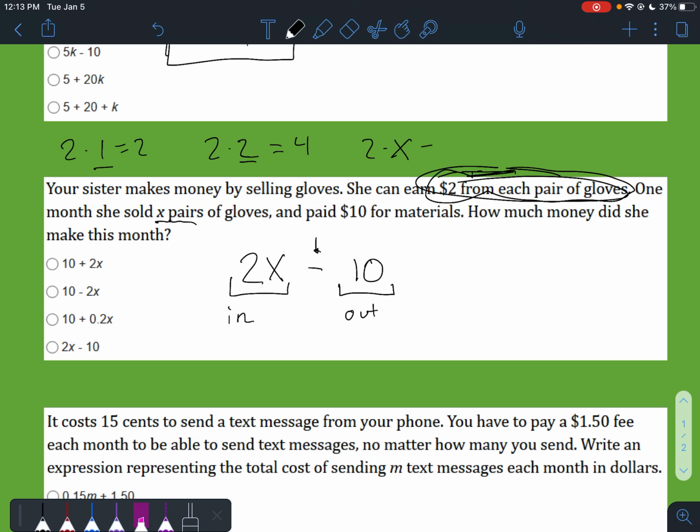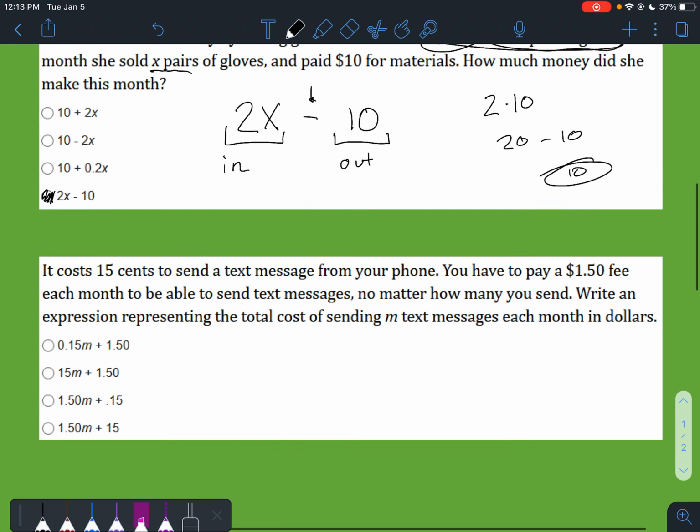So we have to subtract the $10. Because let's just say we sold 10 pairs of gloves, we would have 2 times 10 would be 20, but we spent $10 on materials, so we would make $10 profit. So in this case, it would be 2X minus 10.